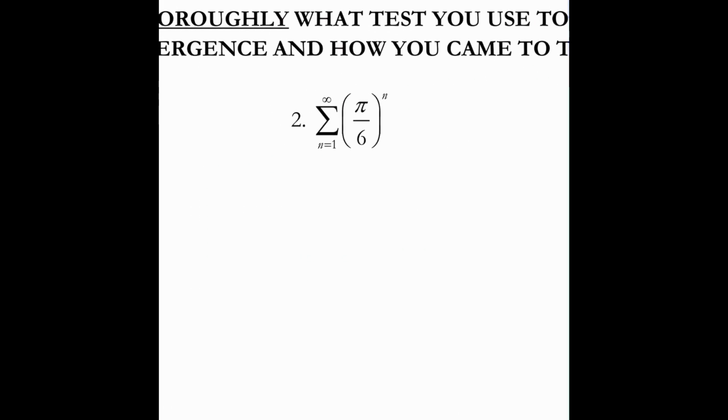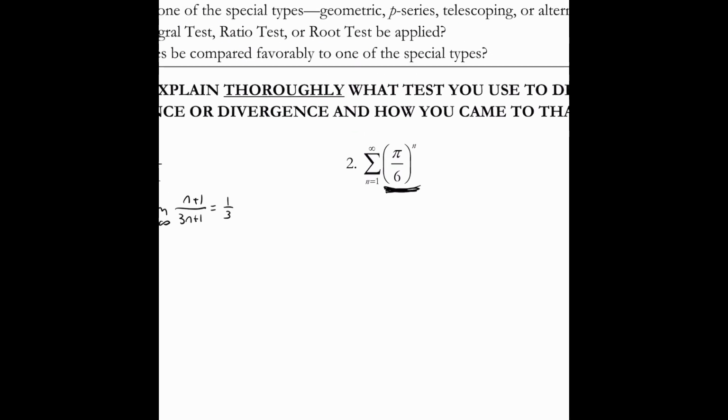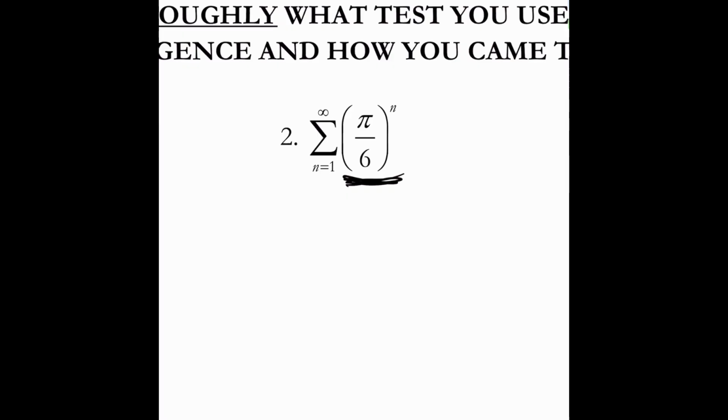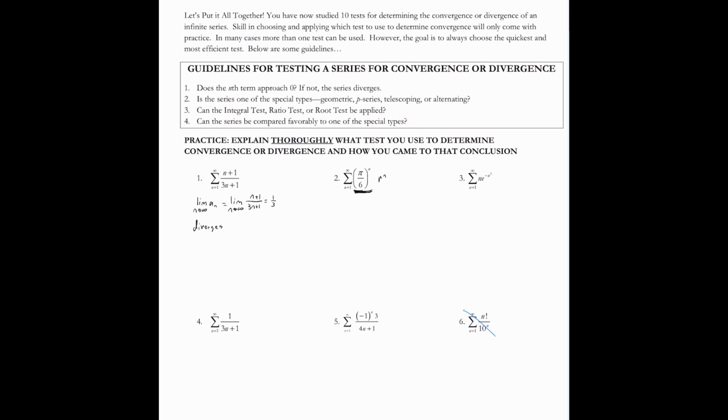Next, question 2. This is going to be one of our special series, right? So I don't even think about whether the terms approach 0 or not, because any time that you see something like r to the n or whatever, you're immediately going to be able to see it as a geometric series, right? Is it one of these special types?